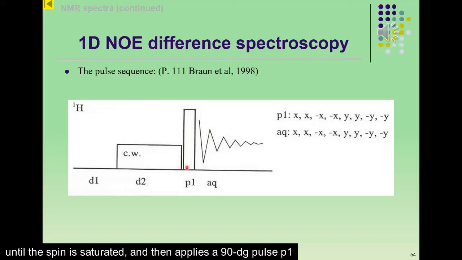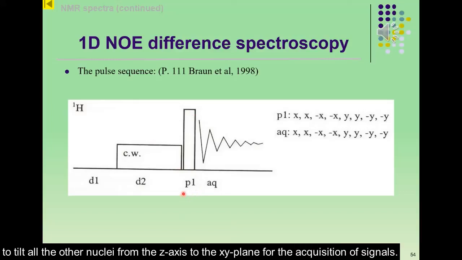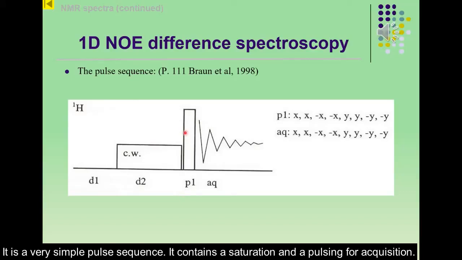And then apply a 90-degree pulse, P1, to tilt all the other nuclei from the z-axis to the xy plane for acquisition of signals. It is a very simple pulse sequence. It contains a saturation and a pulse for acquisition.